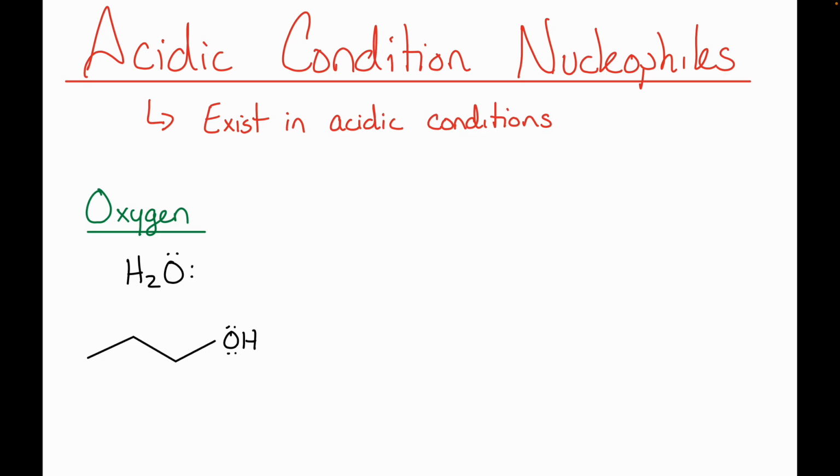Extra hydrogen. Yeah, they're extra hydrogen. So instead of having a negative charge, they're just neutral. And what we'll see is, remember, nucleophiles have to be electron rich, so they can't have a positive charge. Otherwise, they're not electron rich. But they can be neutral as long as they have their lone pairs on them. Then they can still be nucleophiles here. All right, so these are our neutral nucleophiles.